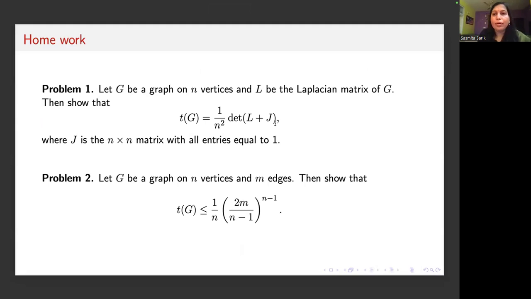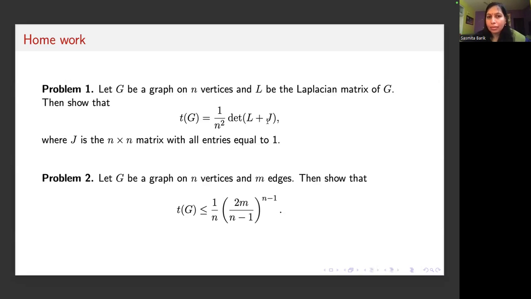Now, I'll give you these two problems to do at home. So this is another expression for the number of spanning trees. G is a graph with n vertices. Then the number of spanning trees will be 1 by n squared times the determinant of L plus J, where J is the matrix of all ones.